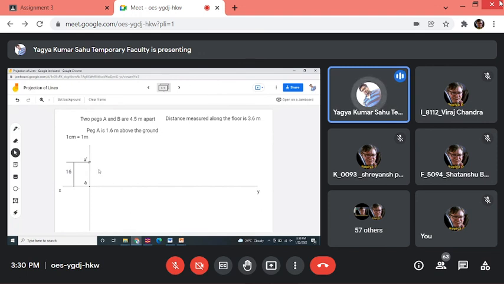Next, what about this 3.6? For locating which point is this 3.6 given? 3.6 centimeter to locate B. And on which line will B be found? A line passing through A parallel to XY, which is XY itself, since it passes through A. So on this same parallel line, at a distance of 3.6, locate B. Now what do we have to draw at B? Draw another projector line.